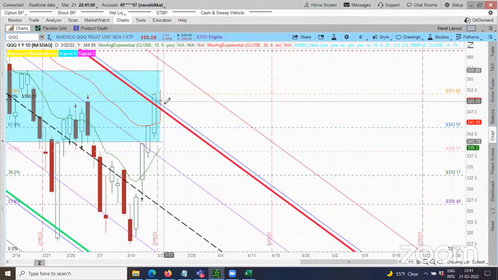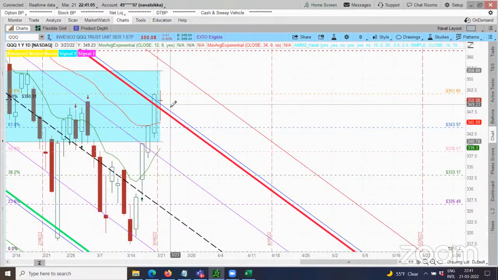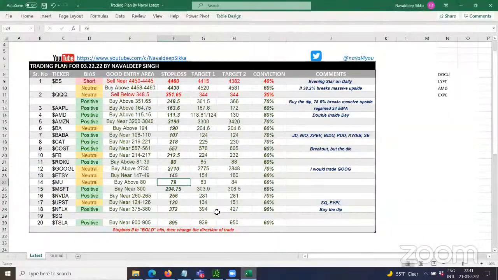So when you have a rally and you're making an evening star, it's a very high possibility that 351.60 can be a very good potential evening star. So let me make them 60-40.